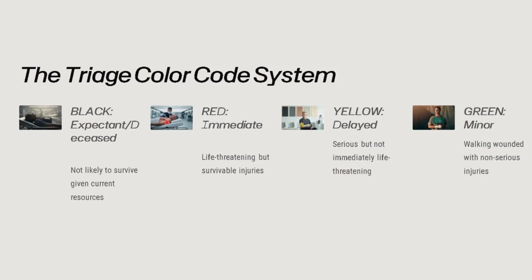For example, someone who is bleeding severely, you can get a belt and tie it around to create a restriction to reduce the bleeding. So they will be treated first, especially if the resources are available.